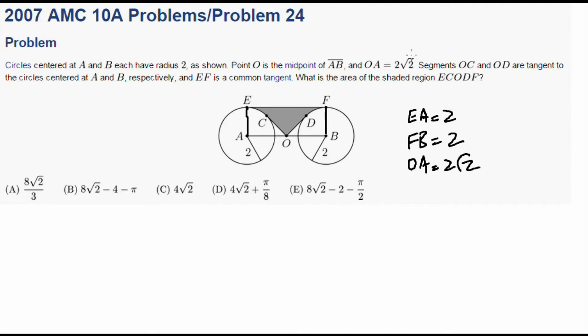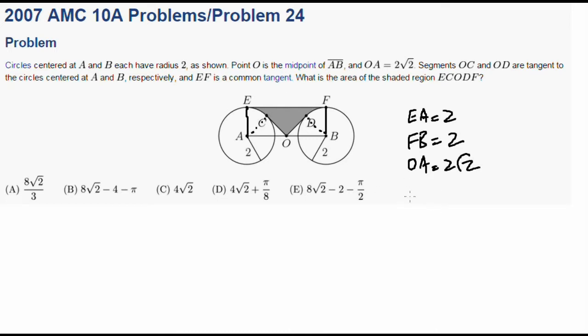Segments OC and OD are tangent to the circles centered at A and B respectively. Okay, OC and OD are tangents. What does that mean? Well, it means that tangent lines always touch the circle at a 90-degree angle to the radius going to the center of the circle.